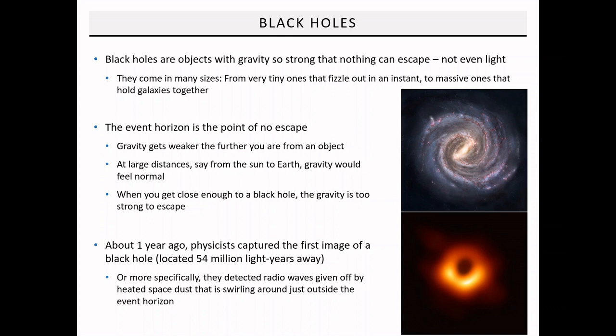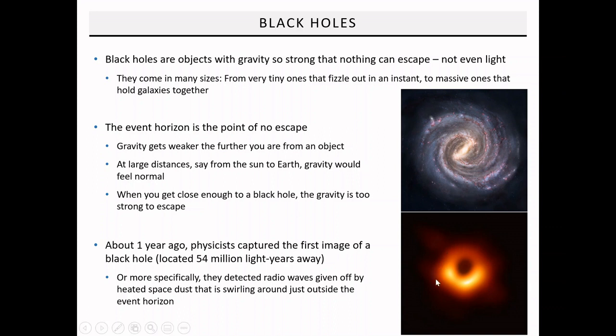Now, black holes are notoriously difficult to photograph since they don't emit light. But in April of last year, physicists captured what we call the first image of a black hole. And this is what's shown in the bottom right here. This black hole is 54 million light years away.